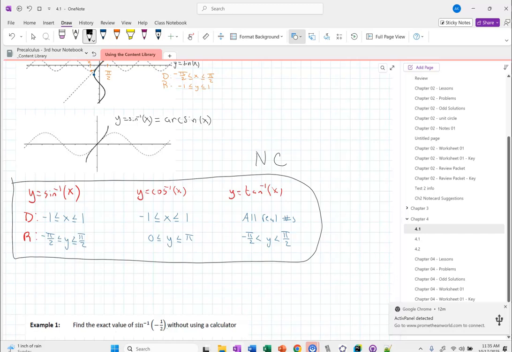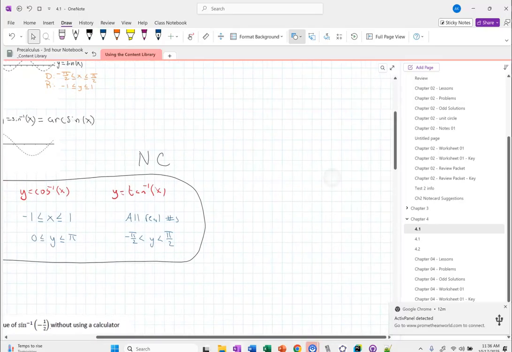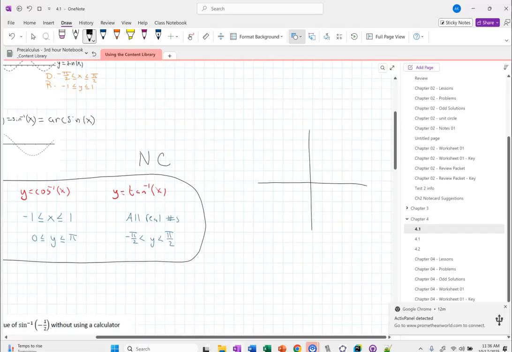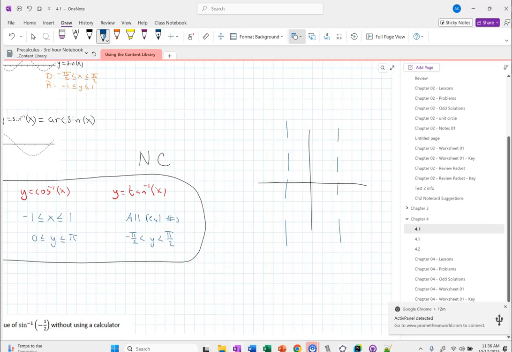Will the same thing happen for cosine? Sure. Will the same thing happen for tangent inverse? No, because the domain for tangent inverse is all real numbers. Why is tangent inverse different than sine and cosine? Yeah, so what Gabby's saying is that the graph for tangent looked like this, right?